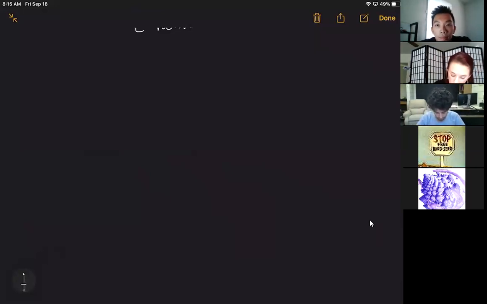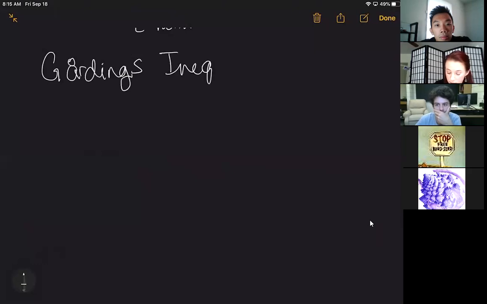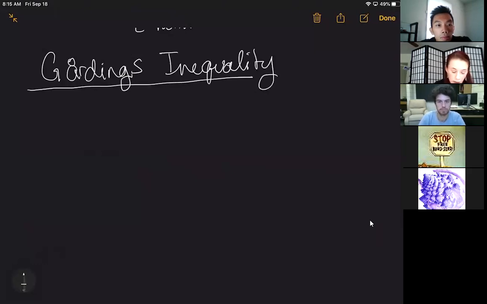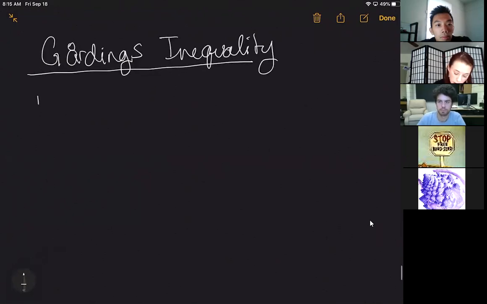And this is called Gårding's inequality. So I'm going to write this down and explain what this means, and talk a little bit about how you prove it.